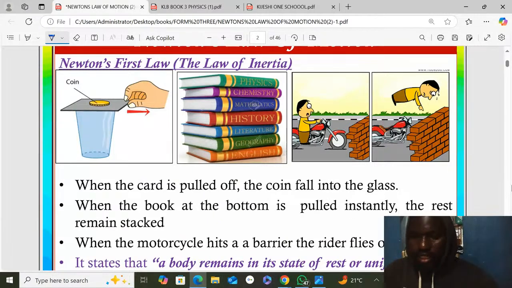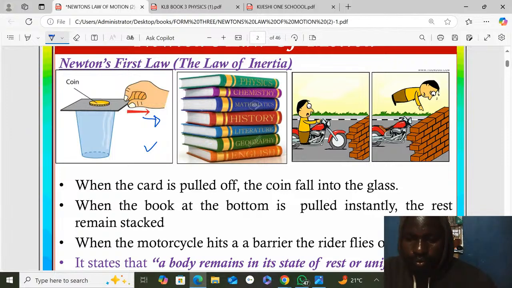Considering the first diagram, we have a coin placed on top of a card, and the card is placed on top of a glass. The card is pulled with high speed in the direction shown by the arrow.